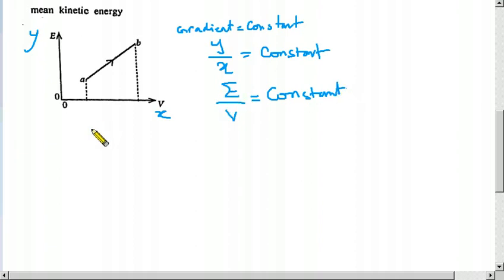So what is E? The mean kinetic energy, you should remember the equation, 3 divided by 2 times k, where k is the Boltzmann constant, times the absolute temperature T. So we can substitute it here: 3 divided by 2 times kT, divided by V, must be constant.